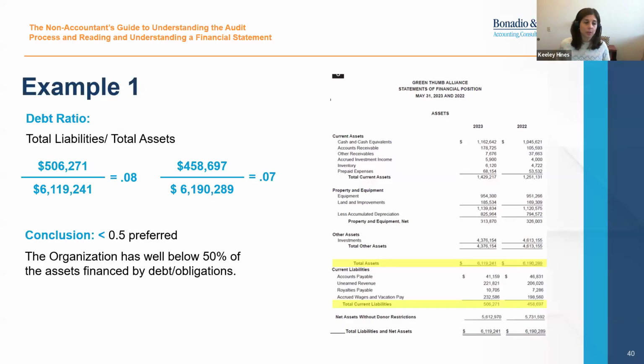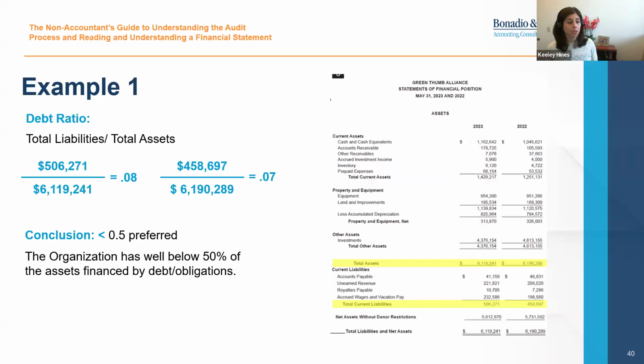Debt ratio, so really looking at the total liabilities over the total assets. So you want to have less debt in terms of really saying, okay, what liabilities do I have on hand in relation to the total assets?